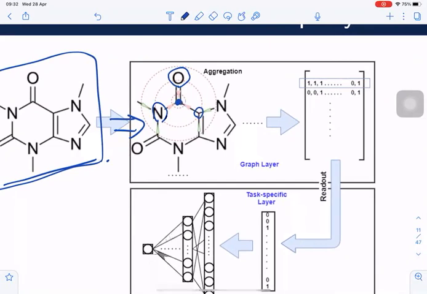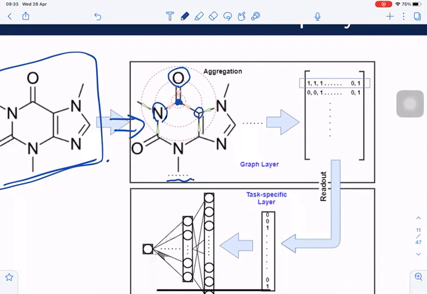And the ellipses at the bottom mean this kind of operation will sweep each atom iteratively to compute the representation for each node, for each atom.